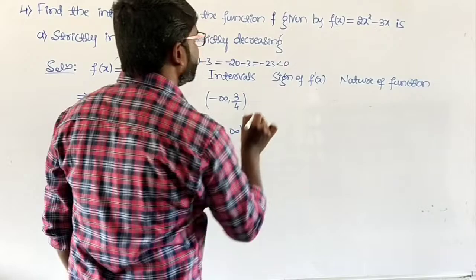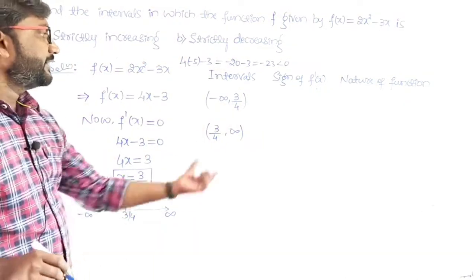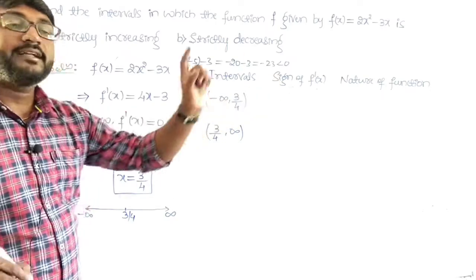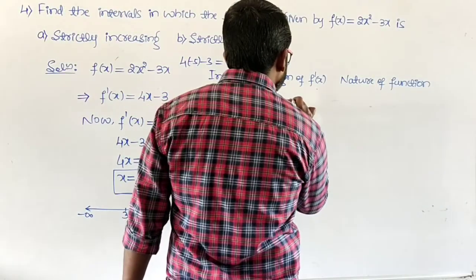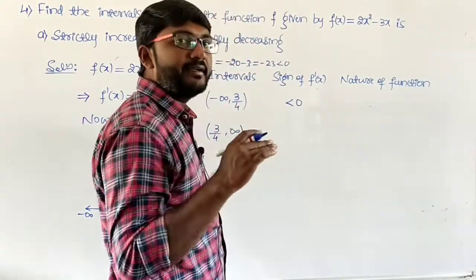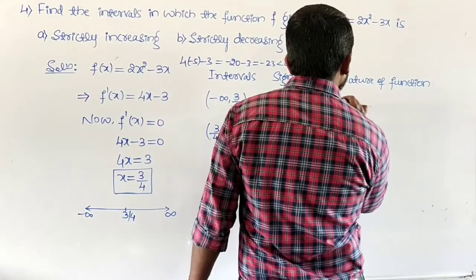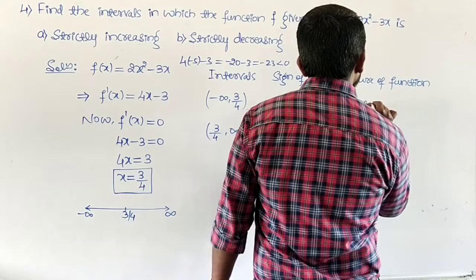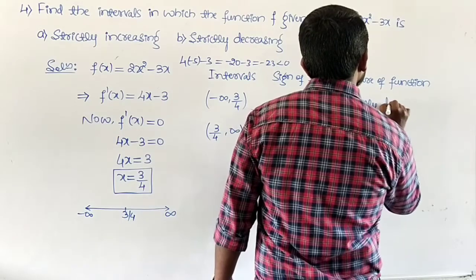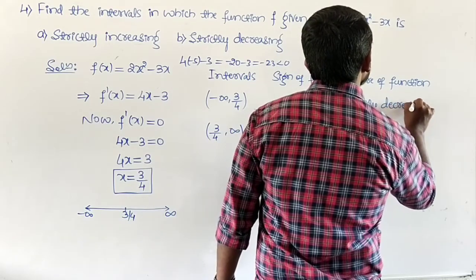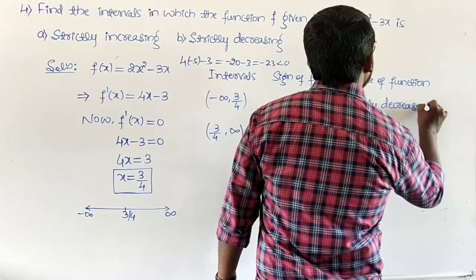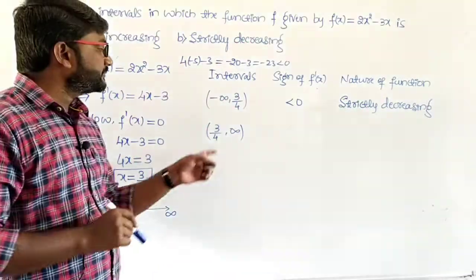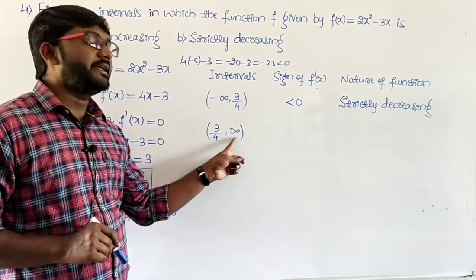This is less than 0. So in this interval sign of f dash of x is less than 0. If it is less than 0, then the function is strictly decreasing.